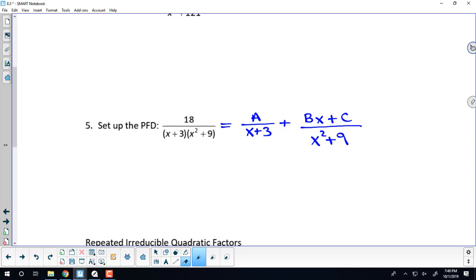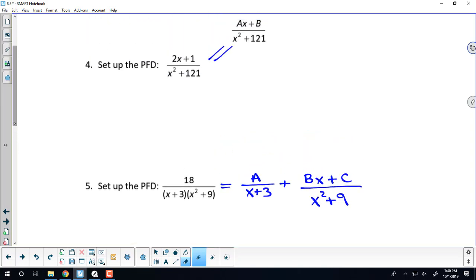So for the one above it, would doing partial fraction decomposition not help with this problem? No, because you would just end up with A equals 2 and B equals 1, and you're right back where you started. But you could split this up.